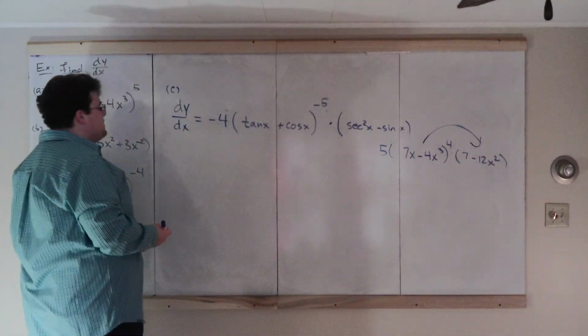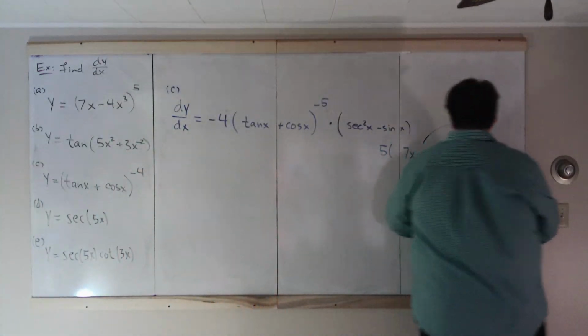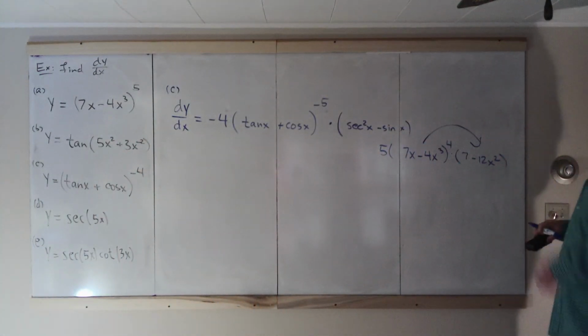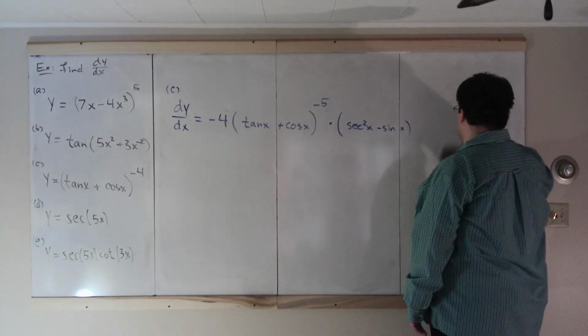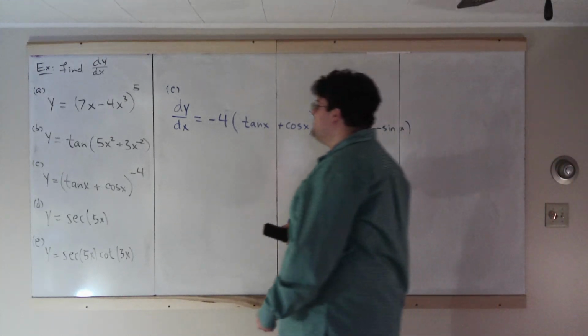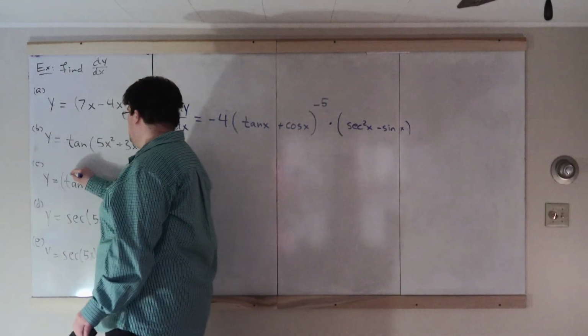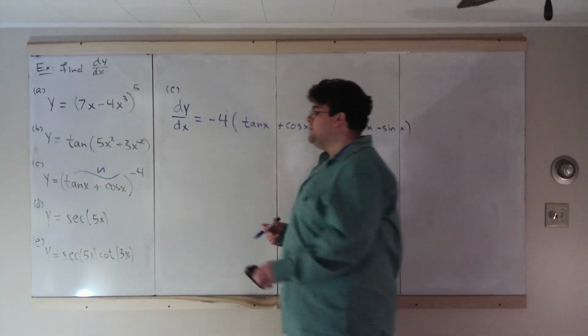So this answer for C should look very similar to the answer for A. That's why I left the answer for A up here. Not just because of the 4 and the 5, but because of the power rule and the chain rule. If you wanted, for part C, to use substitution, u would be tangent x plus cosine of x.